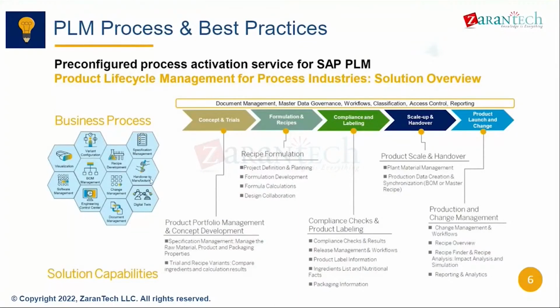The only thing from your side is to propose which business processes they are into and which ones they need to ask from SAP, and they will get them readily available in the SAP PLM pre-configured system.